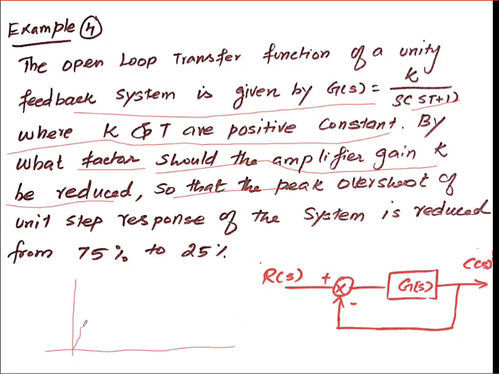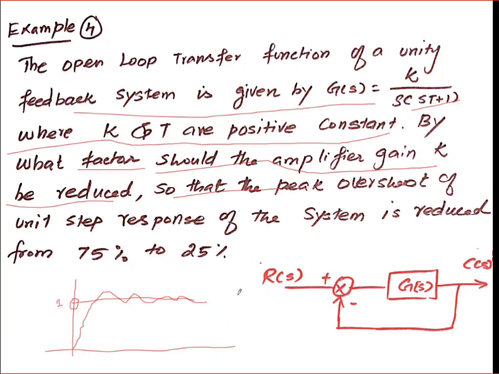So the response will be something like that. This is the final value 1, and the response will oscillate on this line, that is value 1. When you excite the control system with the unit step signal, the response will go to the maximum value, and slowly oscillate and reduce to 1 at t equal to infinity.